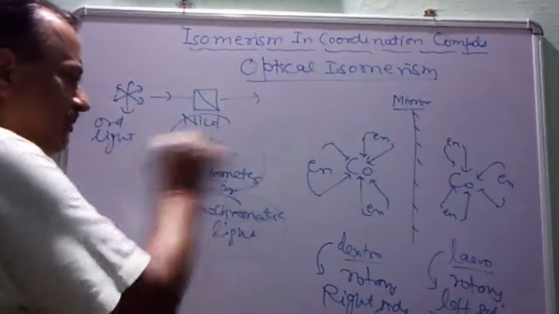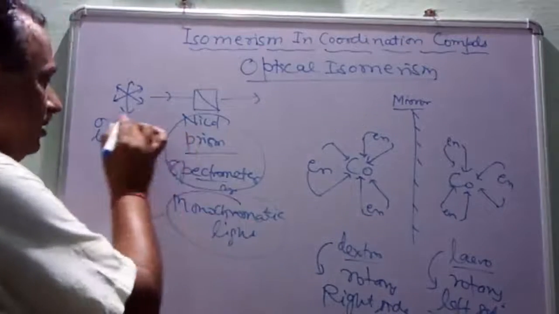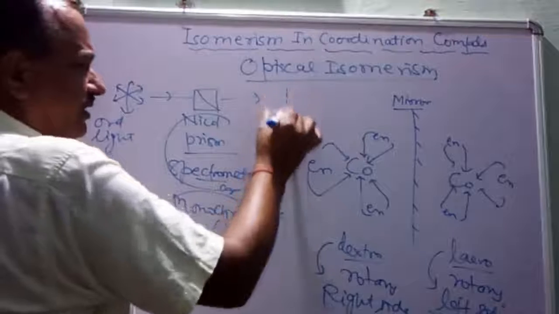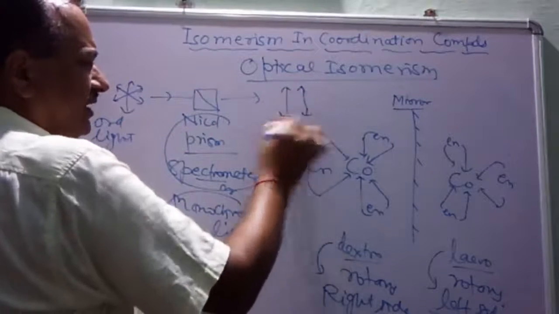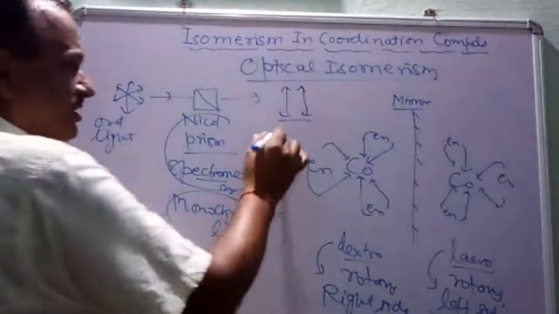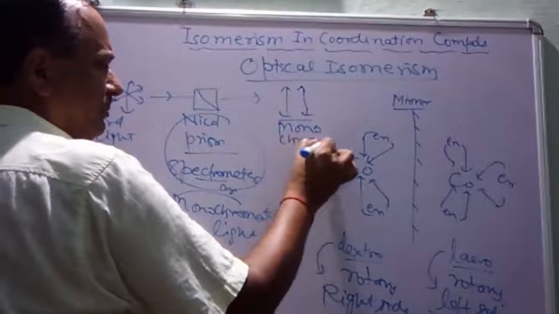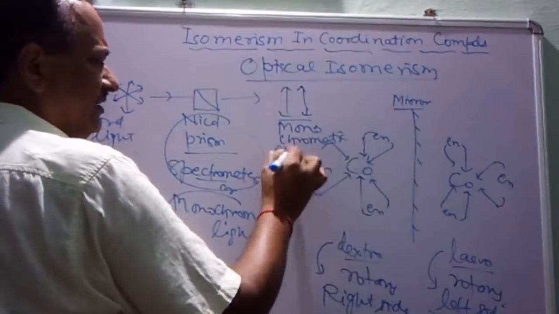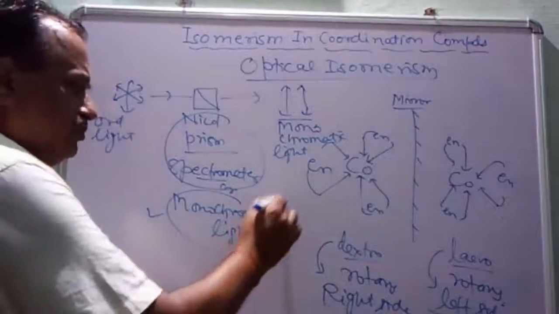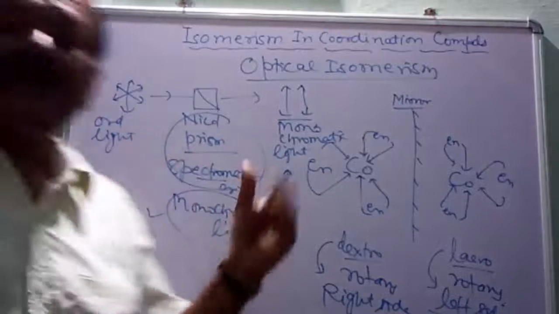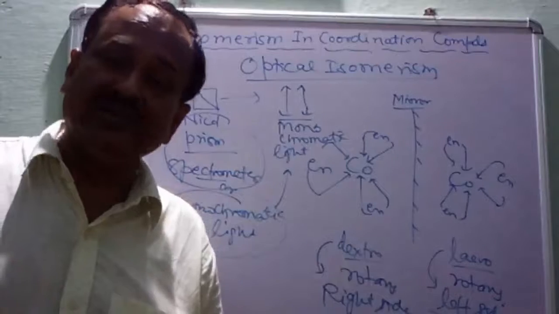On passing ordinary light through a Nicol prism, we get the photons in one direction. So this is monochromatic light, that is light having one color, one wavelength. This is a historical point of view, but in our study we take monochromatic light.